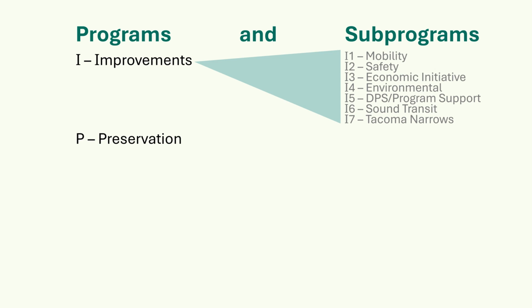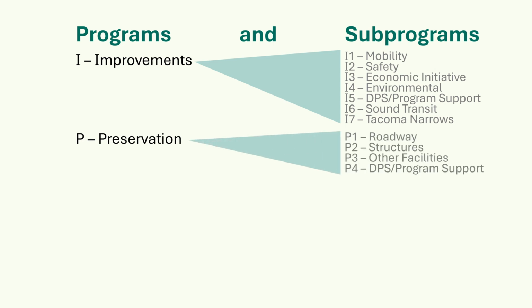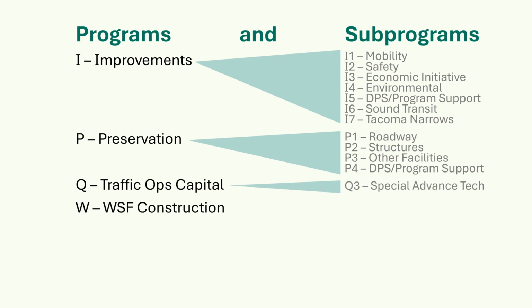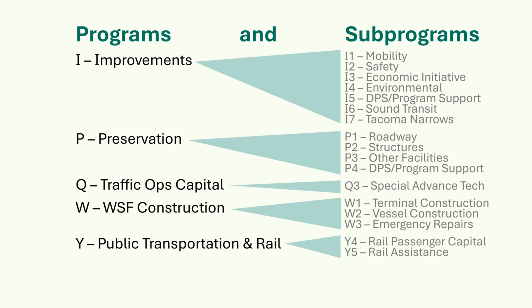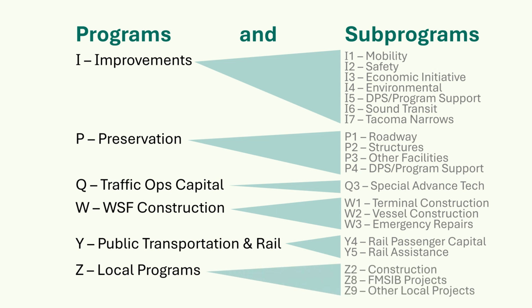P. Preservation. Q. Traffic Operations Capital. W. Washington State Ferries Construction. Y. Public Transportation and Rail. And Z. Local programs. Each subprogram can be further subdivided into a more specific subcategory.